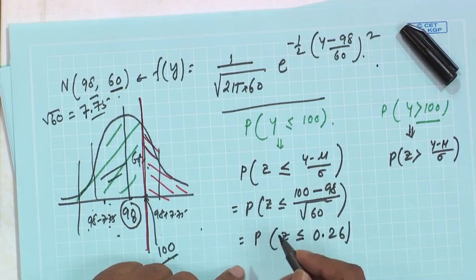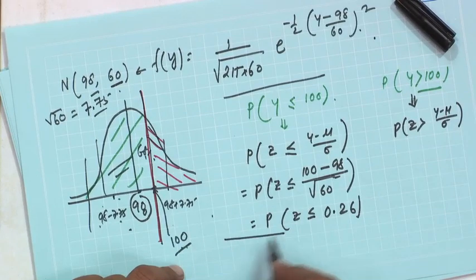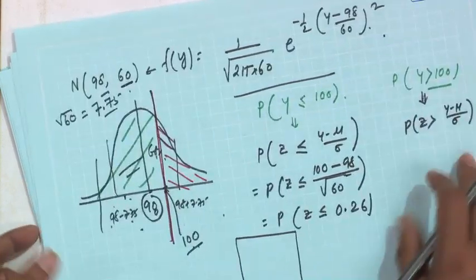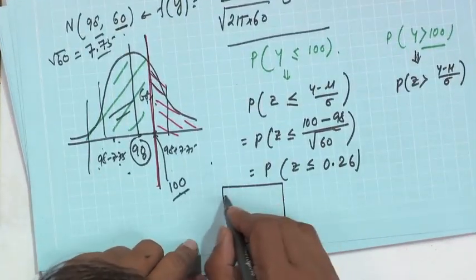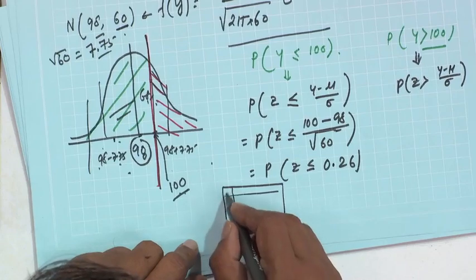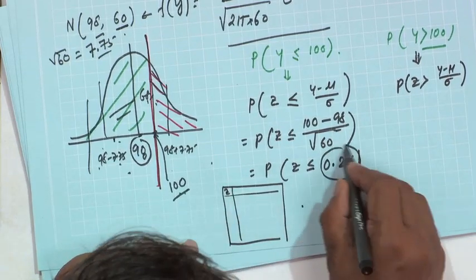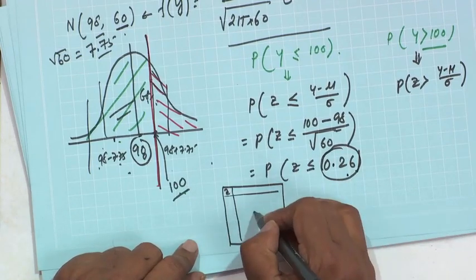There is a normal distribution table, I will show you in the class on sampling distribution. There the z values with their probabilities are given. Now, for this z value, suppose this is 0.26, what is the probability value?